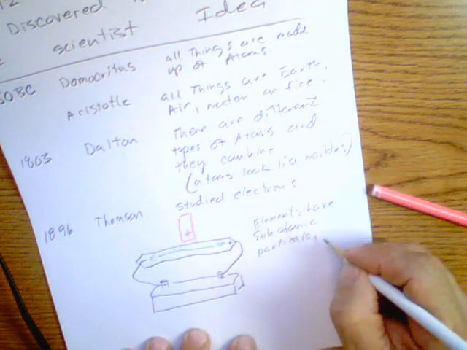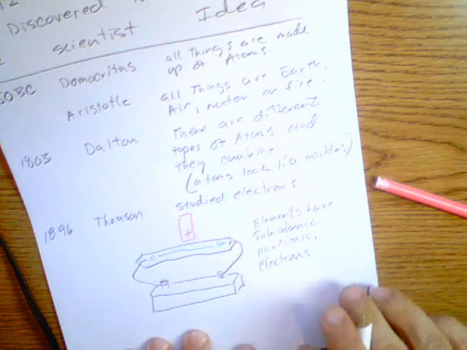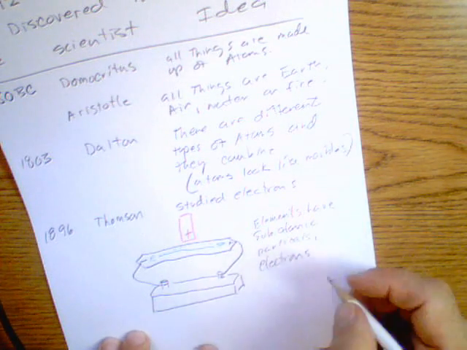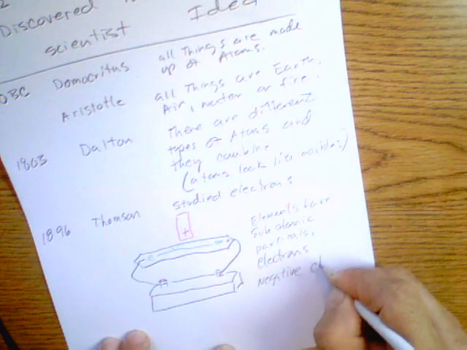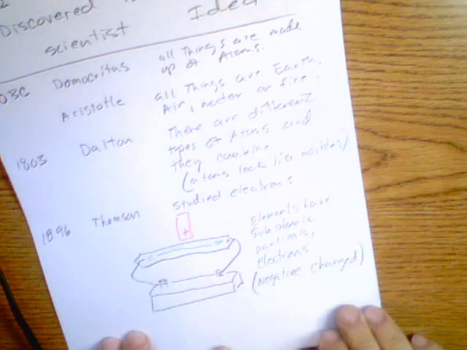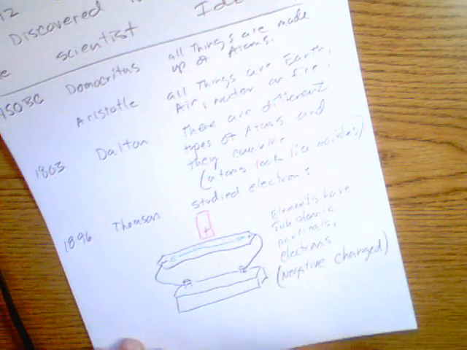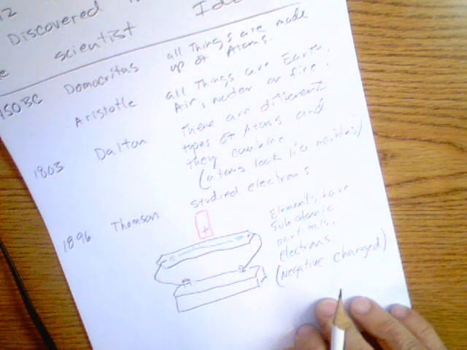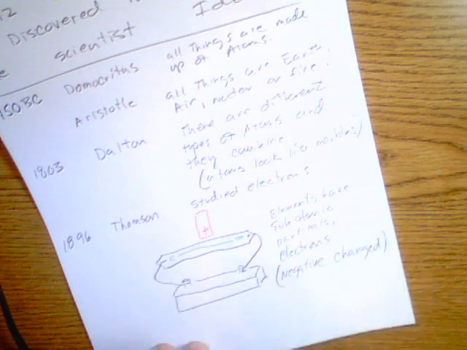And he called them electrons. He knew that they were negative. And by the way, this is called a cathode ray tube. So he's known for doing his work using a cathode ray tube. All right, but he didn't know what they looked like yet.